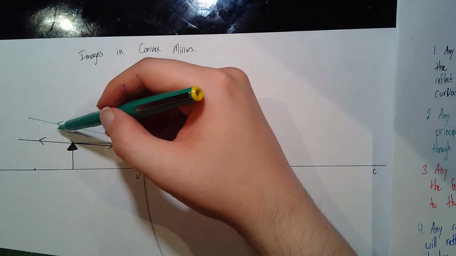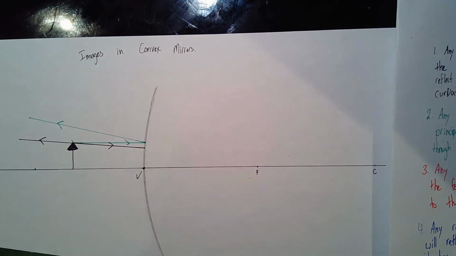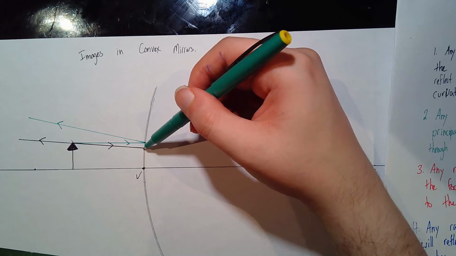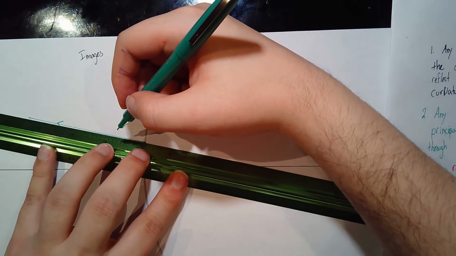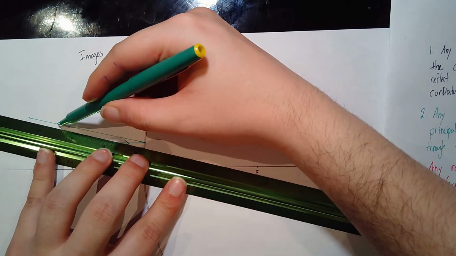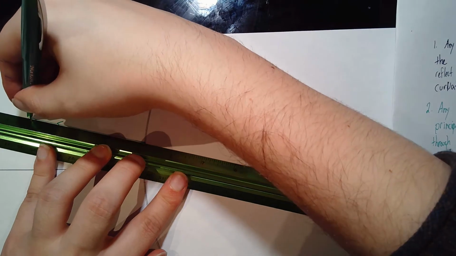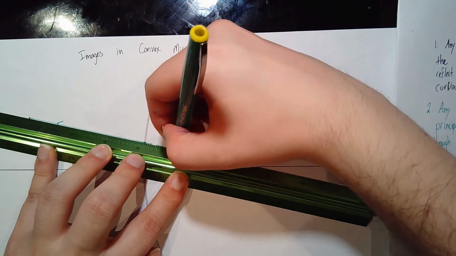And so whenever we see these diverging rays, these rays that are traveling further away from each other, what we need to do is extend the reflected ray back into the mirror. So in this case, we have our reflected ray, and so all we're going to do is extend it back into the mirror with a dotted line, right?